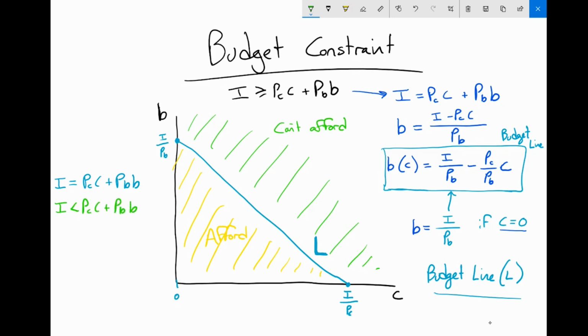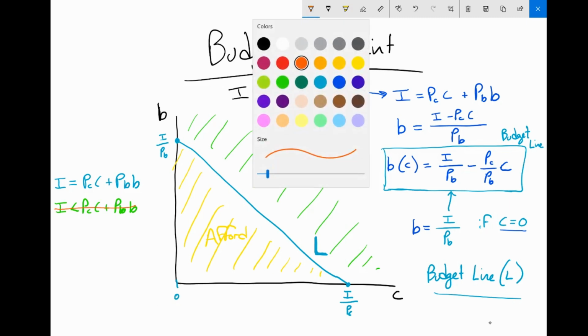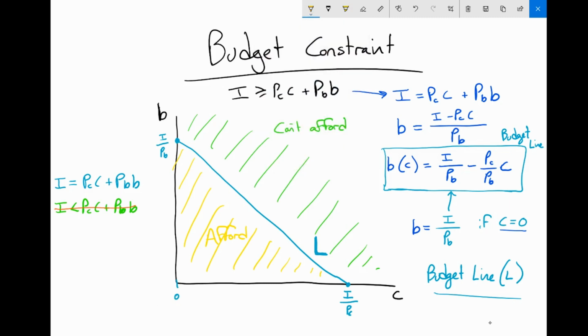They cannot buy a combination of cups of coffee and bagels that would lie above I. So this is not possible. They can't buy anything out here that exceeds the budget constraint. Below the line are all the combinations of coffee and bagels that they can afford, but in which they would not spend all of their money. So that's the budget line. This area in yellow, we also call the opportunity set.